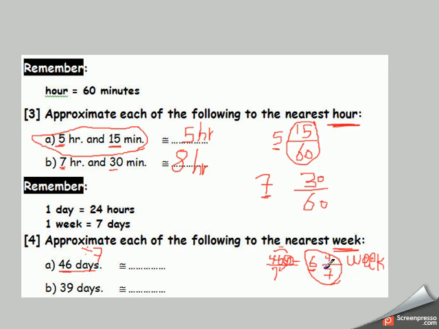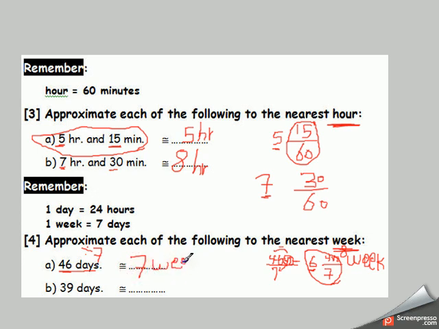Here I should know if this fraction is strong or weak. Mister, is 4 greater than half of 7? I don't know half of 7. Now you can do 4 multiplied by 2 equals 8. 8 is greater than 7. Okay, this fraction is strong, so 6 will be increased by 1, becoming 7 weeks.